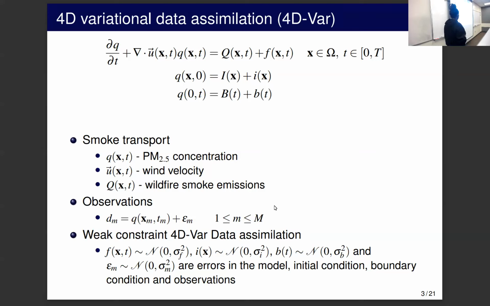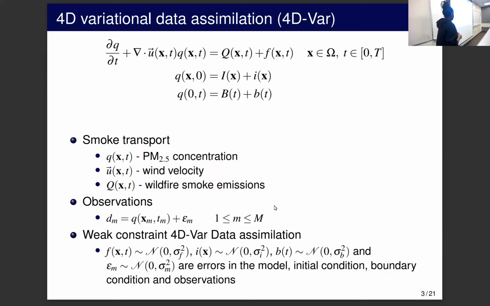To do this data assimilation, we also assume that we have observations at endpoints in time and space, and that these observations can be expressed as the sum of true PM2.5 concentrations, small q, plus normally distributed errors, epsilon.